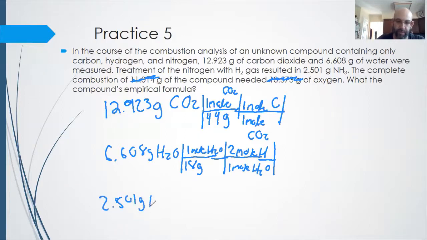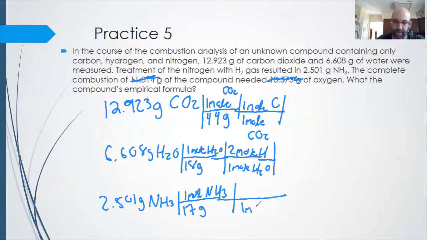All right. And then last but not least, 2.501 grams of nitrogen, I'm sorry, of NH3. The molar mass of ammonia is 17 grams, gives you 1 mole of NH3. And then this is just mole ratio. For every 1 mole of NH3, there's also 1 mole of N. And now we can just solve each one. So the first one is 12.923 divided by 44.